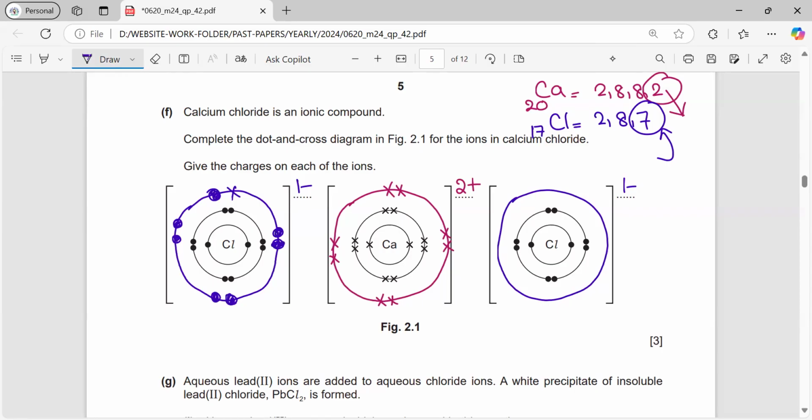So that's 1 chlorine, and then we have another chlorine. 7 chlorine's electrons and 1 electron of calcium. So these are chloride ions, 2 chloride ions and 1 calcium ion.